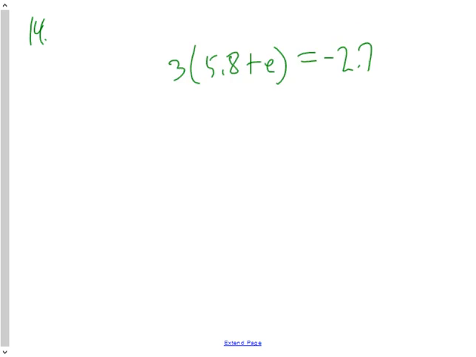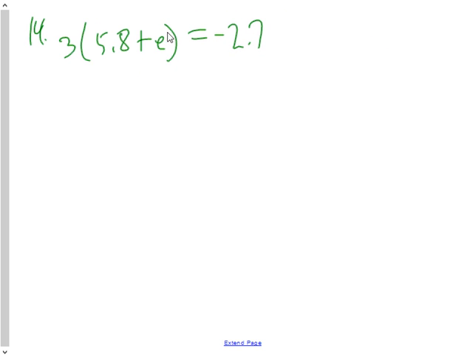Question 14 on page 331. We have 3 groups of 5.8 plus E equivalent to negative 2.7. So again, with distributive property, there's 2 ways you can always solve it, and I'll show you both.